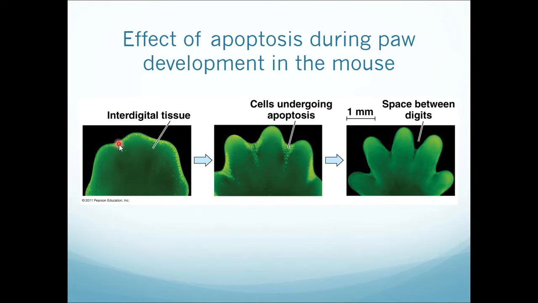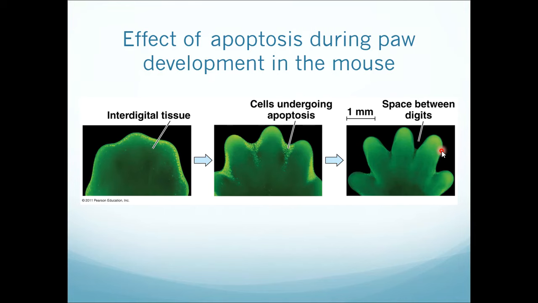Then there are darker areas in the middle, where it says interdigital tissue. That means between digits, so between fingers. Between where the fingers should go, those cells are going to undergo apoptosis. They're going to kill themselves so that you get the proper shape, and now this embryo is going to develop properly shaped paws.